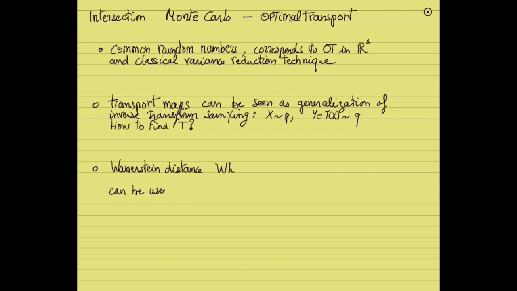And the third point, that will be the most important one for us in the remaining part of the course, is that the Wasserstein distance, Wk, can be used as a distance between probability distributions, and in particular we will use it to measure the distance between a Markov chain at time t and its limiting distribution.